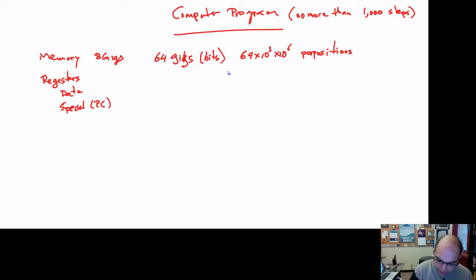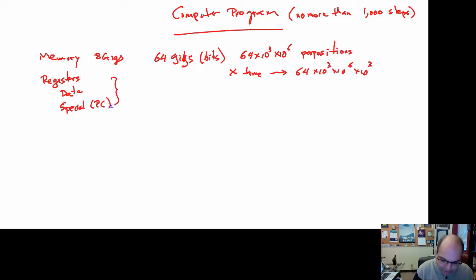Whatever you want. So we'll need to do this times time. So we'll end up with 64 times 10 to the 3 times 10 to the 6 times 10 to the 3, or basically 64 times 10 to the 12th, or 6 times 10 to the 13th. That's a big number, okay? But those are all the propositions that we need for the memory, okay?